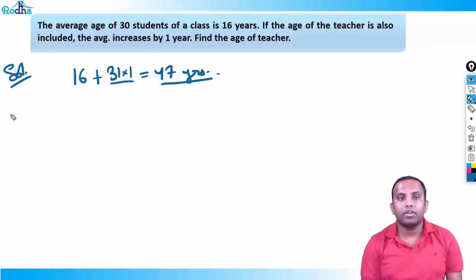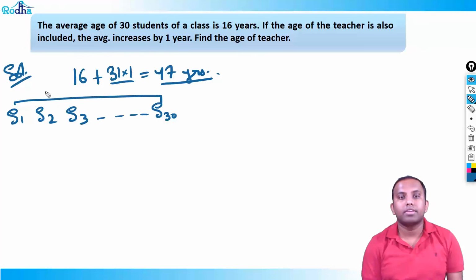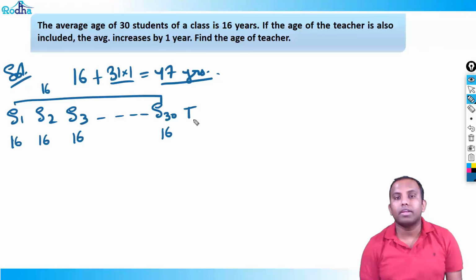Now we'll see how I get it with my method also. Let's say there are S1, S2, S3. There are 30 students, and their average is 16 years. That means we assume all are age 16 years. When a teacher joins, had his age been 16 years, then the group average would remain 16.